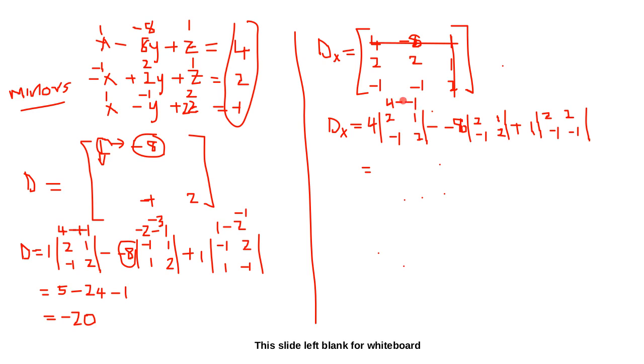So again, a minus and a minus becomes a plus. So 4 plus 1 is 5. 5, we multiply it by the 4 here. So that will be 20.